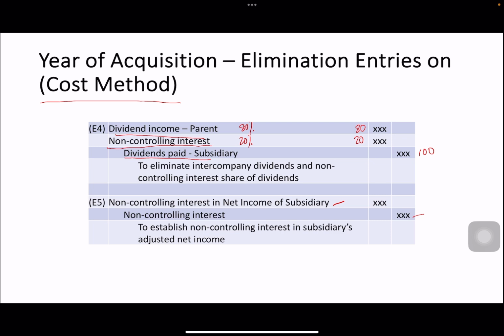Again, since non-controlling interest or NCI is an equity account, the share of the NCI in the subsidiary's net income has a result of increasing the NCI's balance.